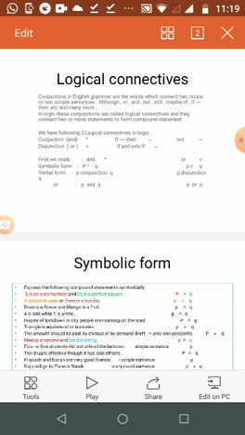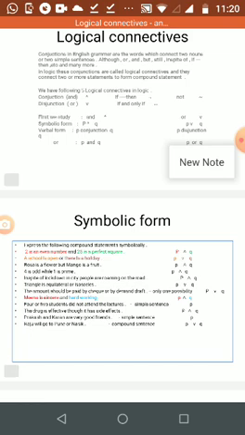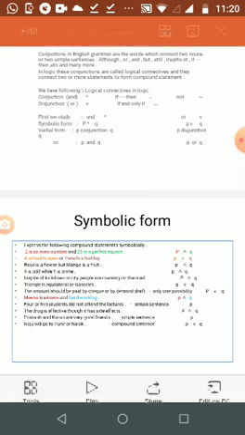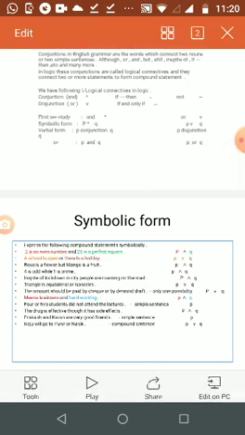So now I will study some compound sentences in which the simple sentences are connected by using the logical connective and. So now consider the second slide.